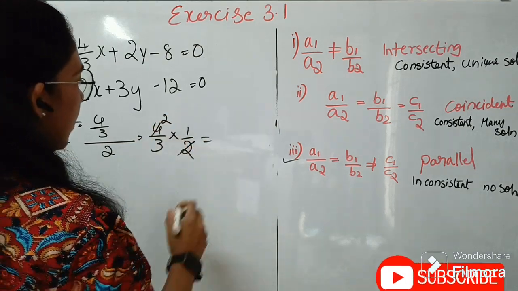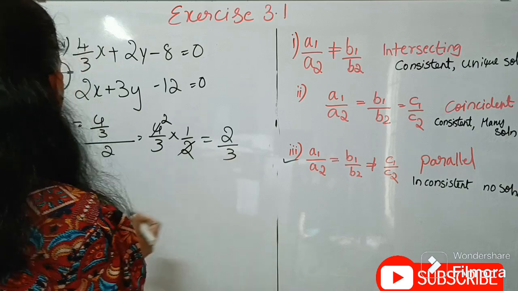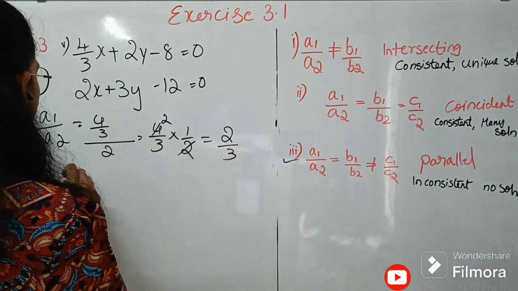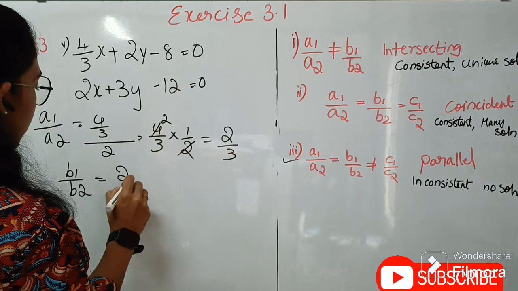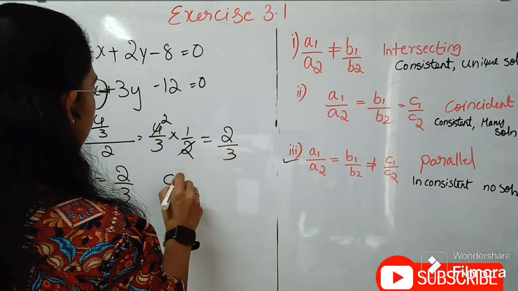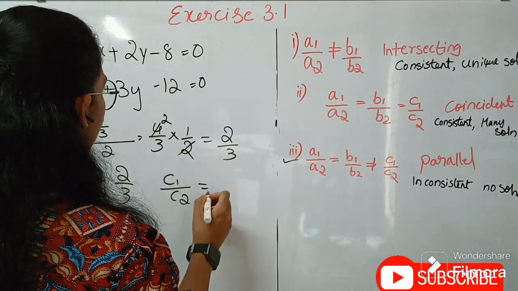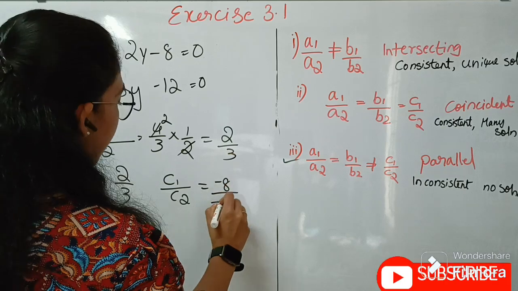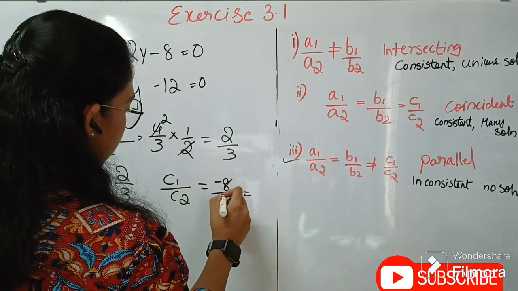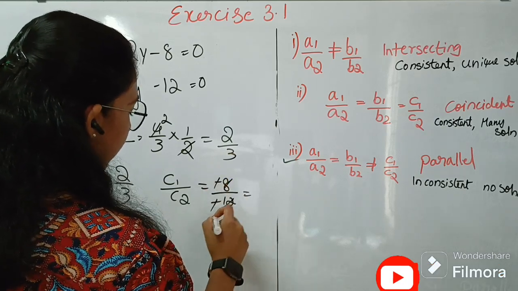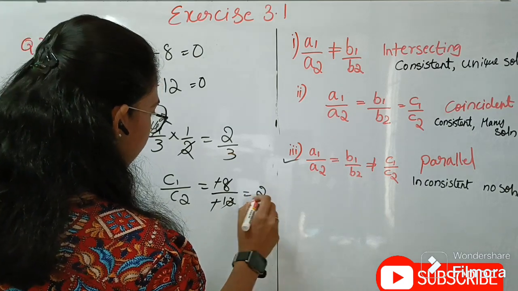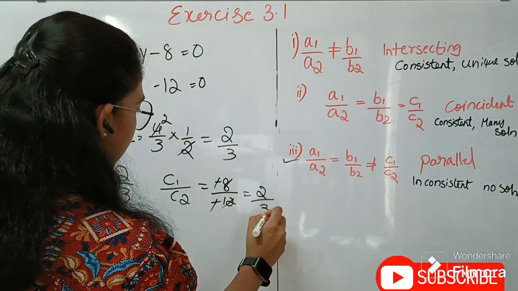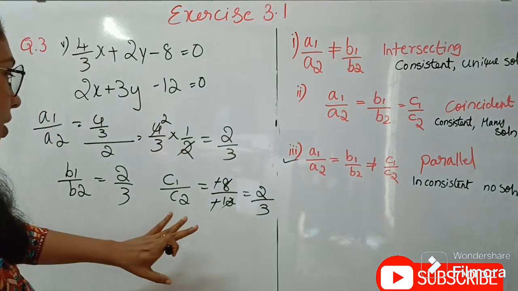On cancellation we get 2/3. So a1/a2 is equal to 2/3. Then b1/b2 is equal to 2/3. And finally c1/c2 is equal to −8 by −12. Minus cancels. Then 8/12 is 2 times 4 is 8, and 3 times 4 is 12.